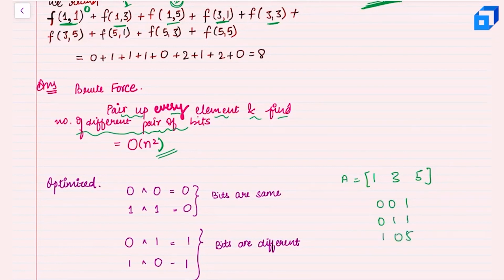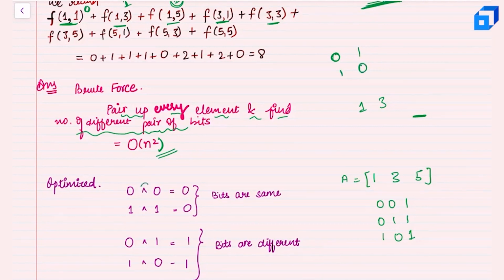So for every pair I have to check at what ith positions the bits differ. How can I check that?